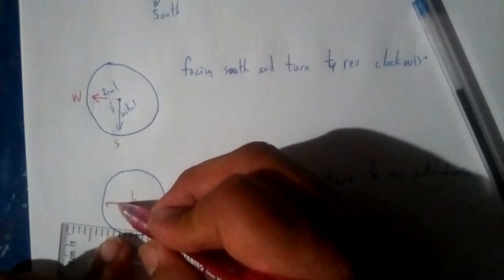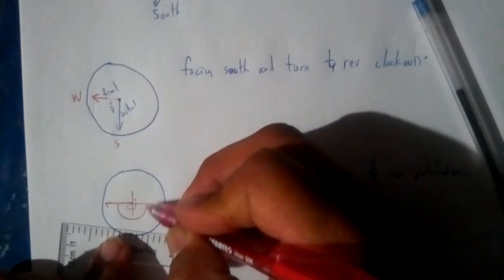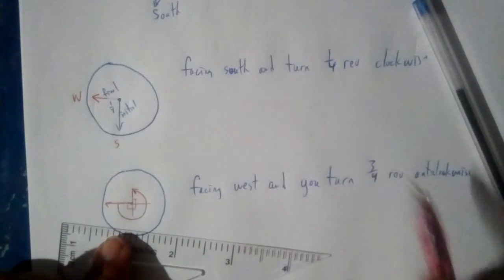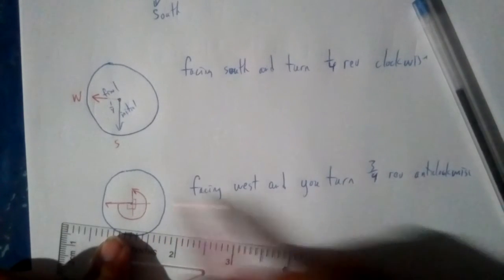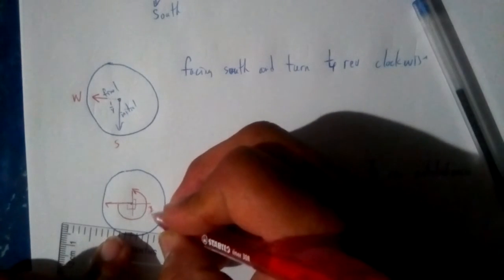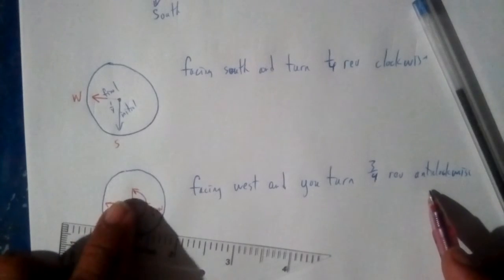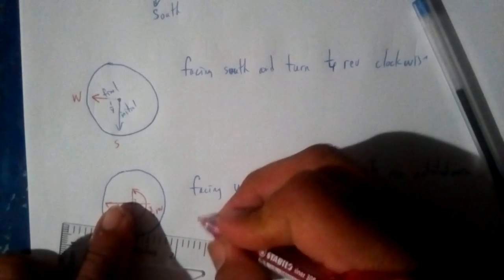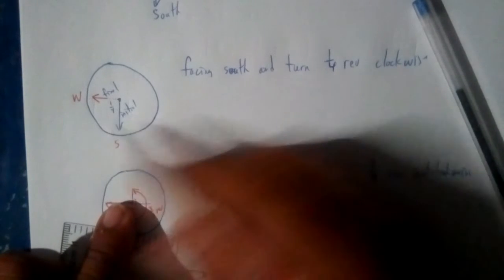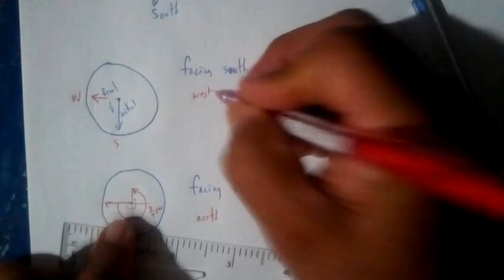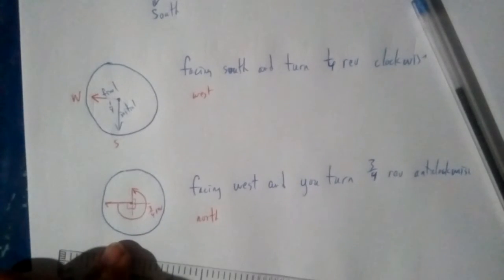So therefore I have turned in this direction because it said anti-clockwise. So that is now 3/4 of a revolution anti-clockwise. So my new direction that I'm facing will be north. In this case it was west. Okay, so that is with respect to revolutions.